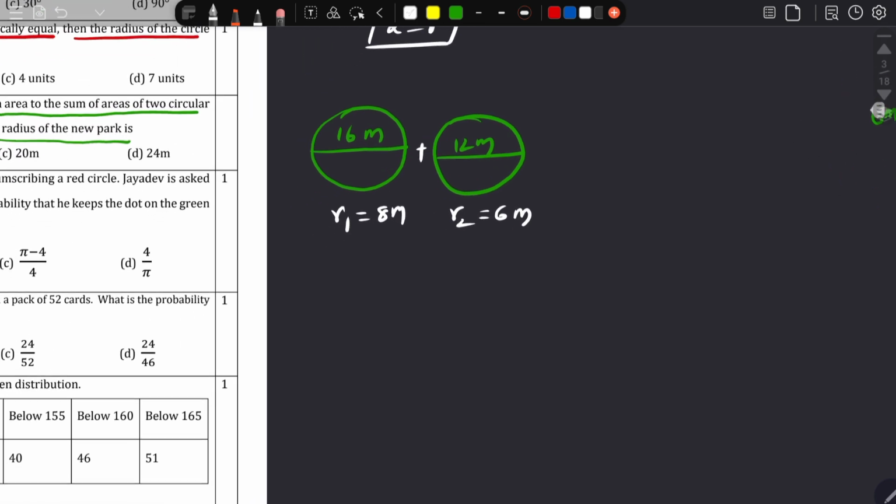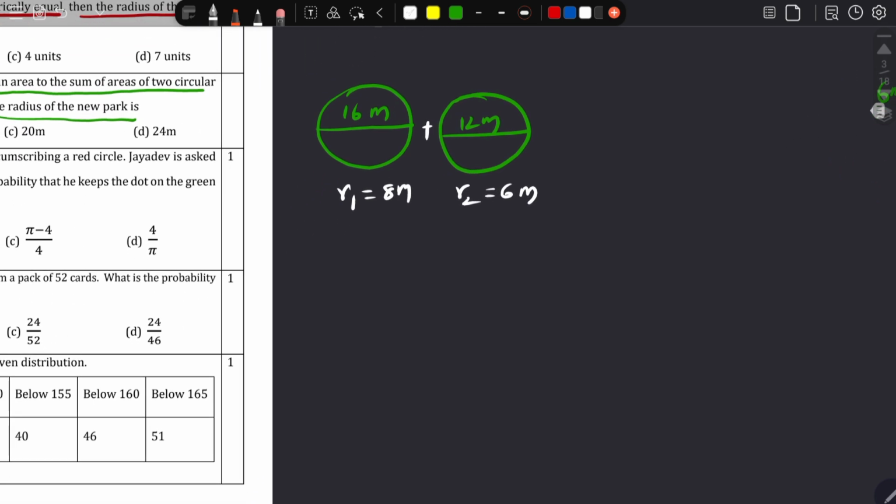So the sum of the areas of both means I can take the required area capital R square pi, which is equal to pi r1 square plus pi r2 square. In all the values pi is the same, so just cancel it. But we require r square.